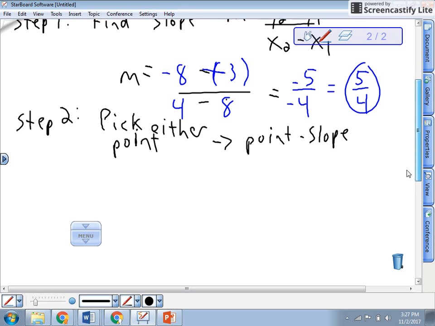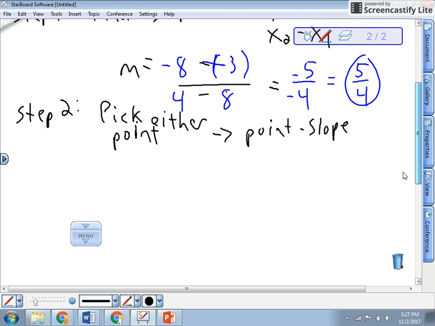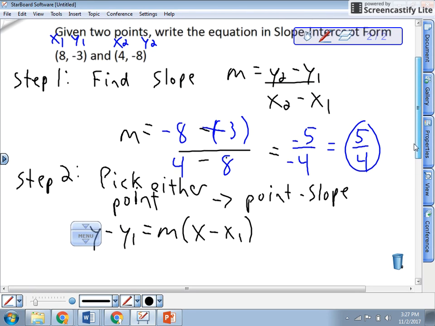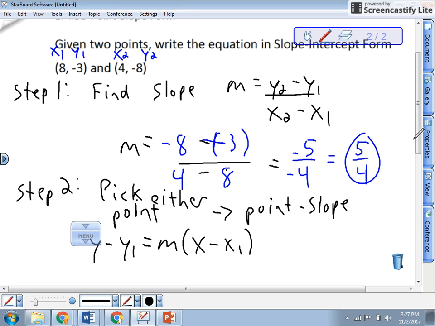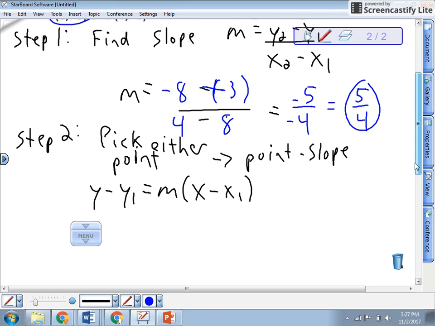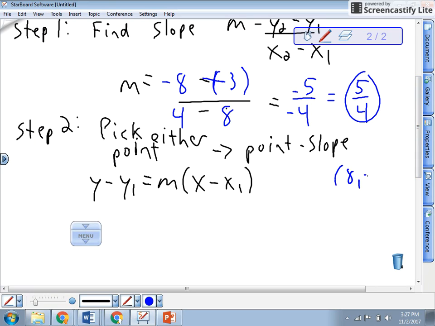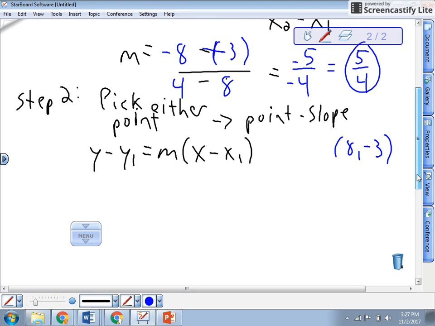So we've got our slope. We're going to pick either point, put it into point slope form. So remember that form. It's y minus y1 equals m times x minus x1. So pick either point. I'm going to pick the first one. Why not? It doesn't really matter which one. We'll pick 8, negative 3. So I'll write that here. 8, negative 3. That's the point I'm going to be using.